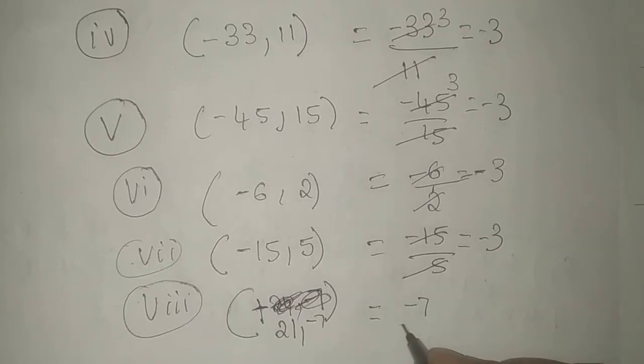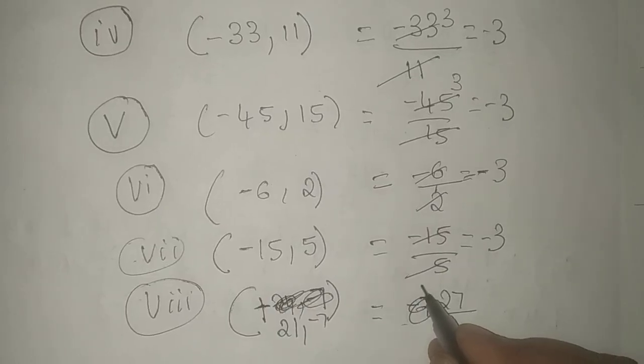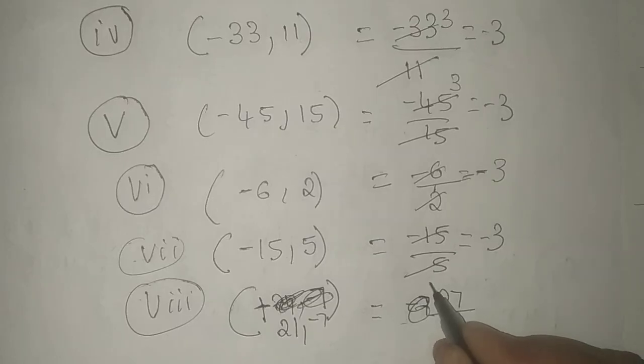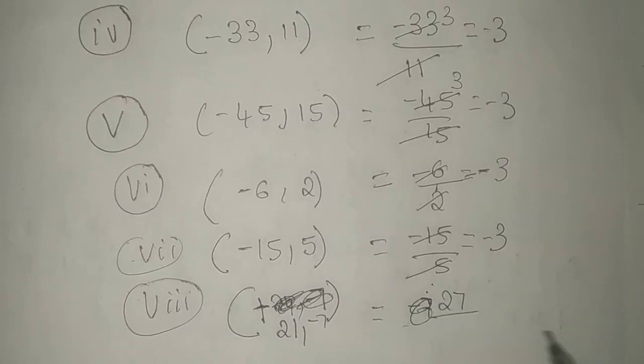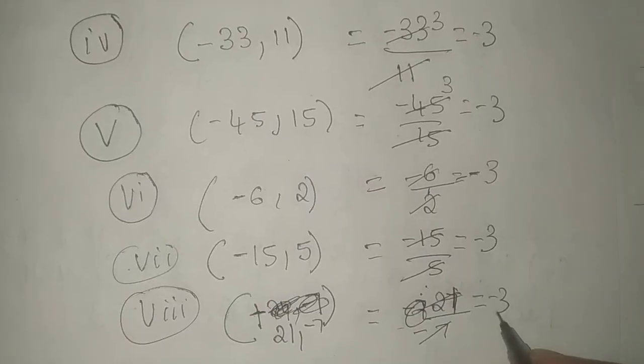So 21 by minus 7. 7 ones are 7, 7 threes are 21, so minus 3.